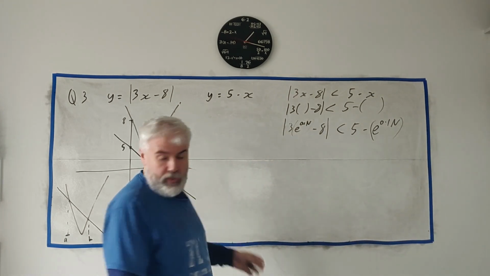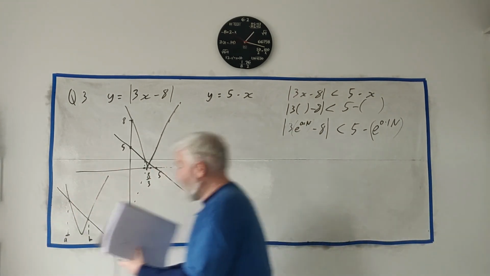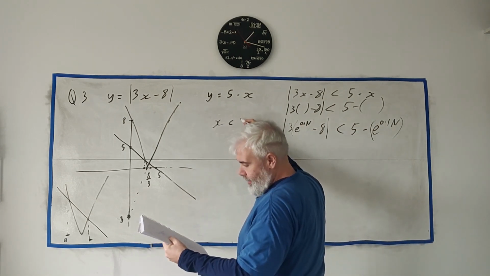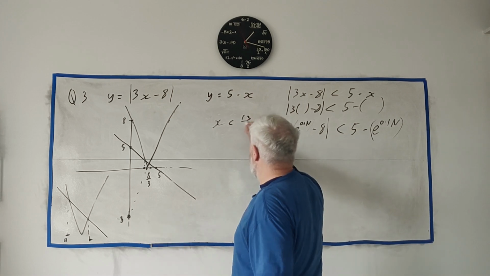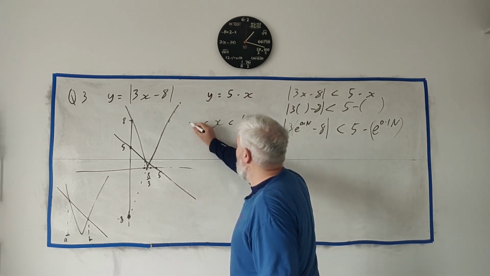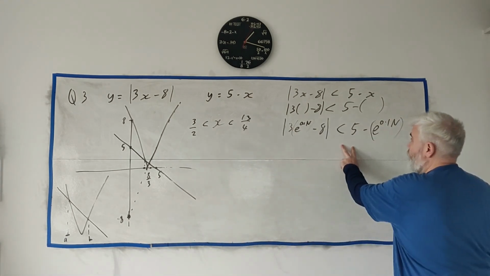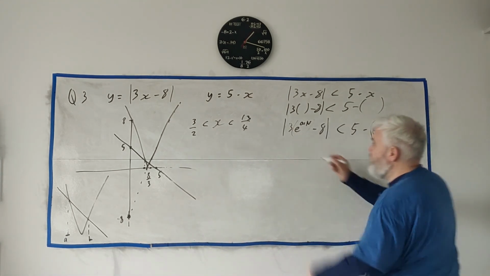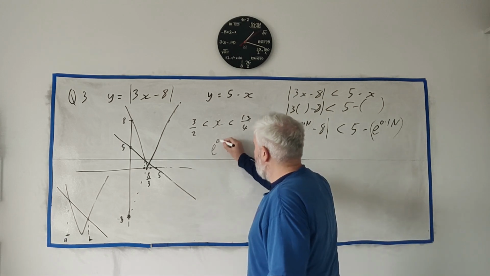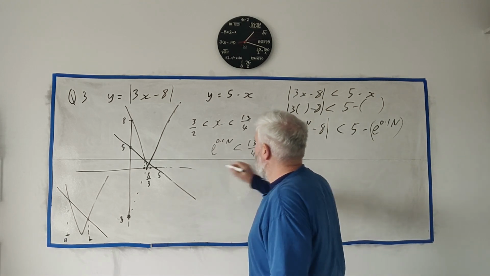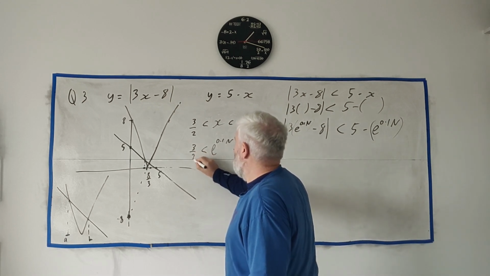So the answer we got to the first part, which I've rubbed off, let's put it here: x is less than 13 over 4 and greater than 3 over 2. Also holds true for this e to the 0.1n, which is also less than 13 over 4 and greater than 3 over 2.